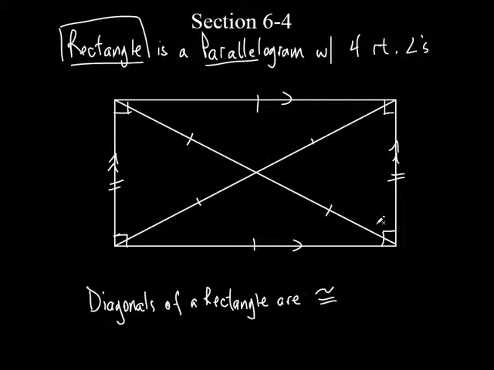Everybody with me on that? That's really the main difference between a rectangle and all other parallelograms. The other major difference is you also have right angles, okay? So the 4 right angles are different about a rectangle, and the diagonals being equal to each other are different about a rectangle. All right.